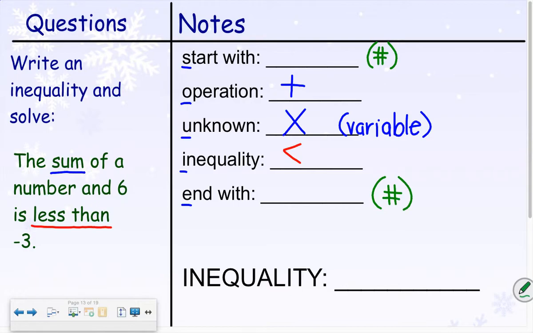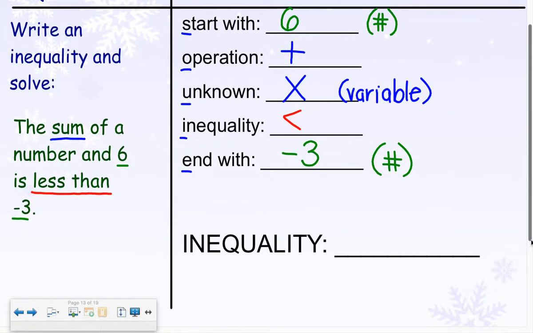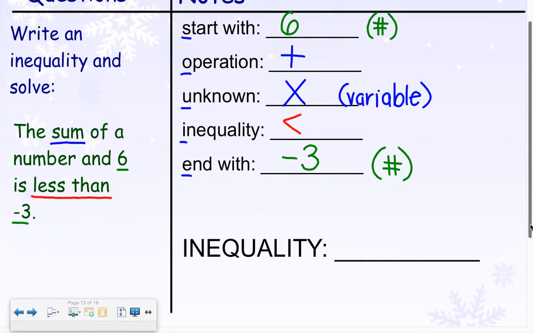Usually it'll work to just go left to right in a situation like this. So the first number we come to is 6, so we'll put that on the top. The last number we come to is -3, so that'll go on the bottom. Then our inequality can be written from top to bottom.